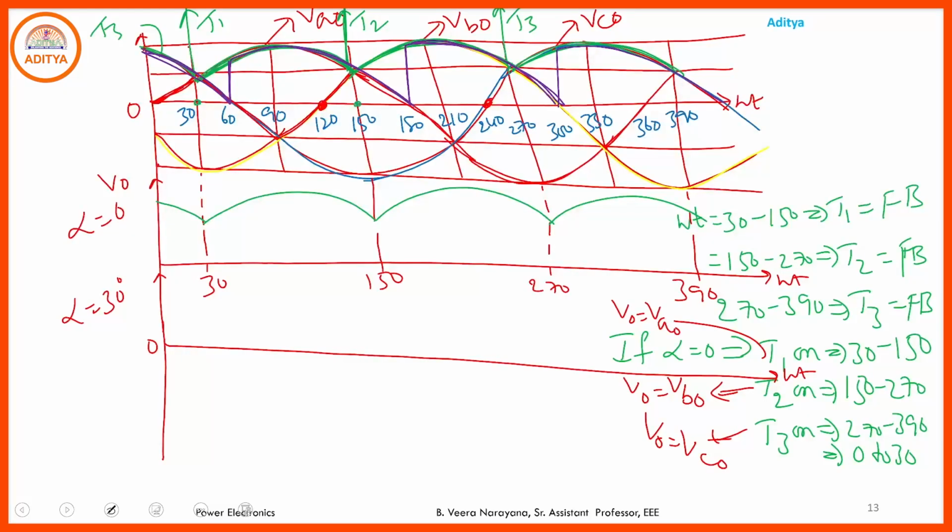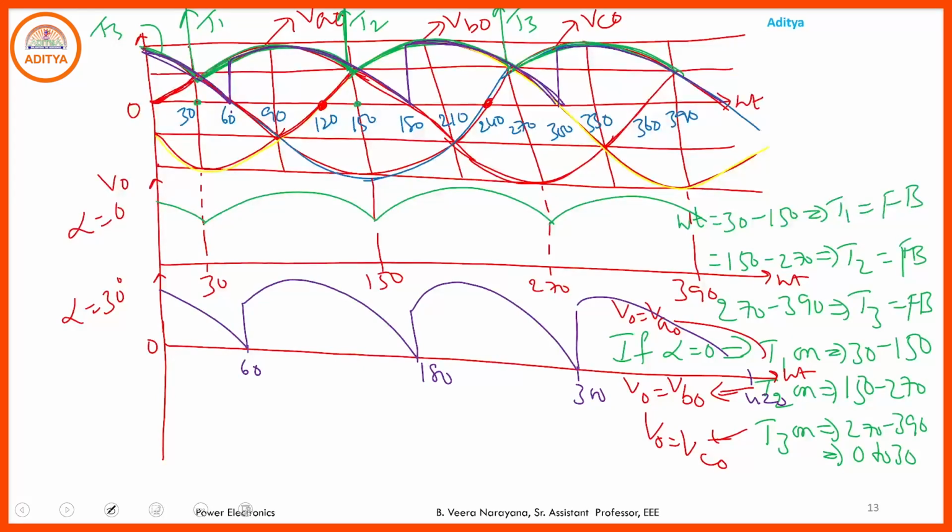Then you are getting the output voltage waveform. This is 60, this is 180, this is 300, and 420. Then your output voltage waveform is like this. This is the output voltage waveform for alpha equal to 30 degrees.